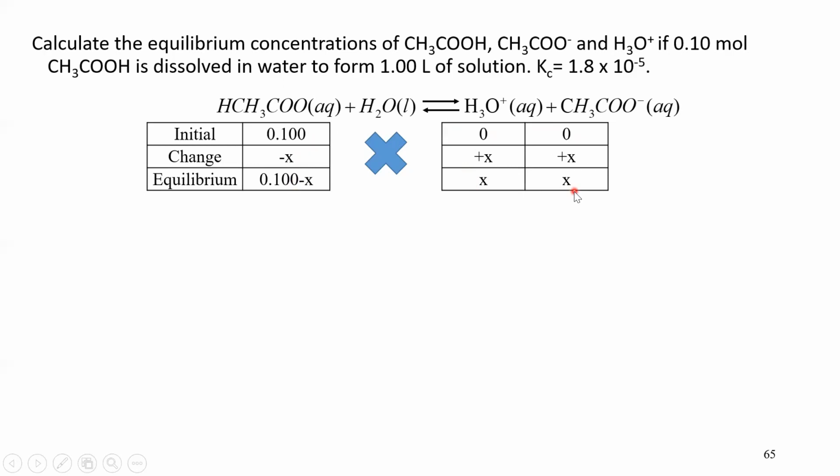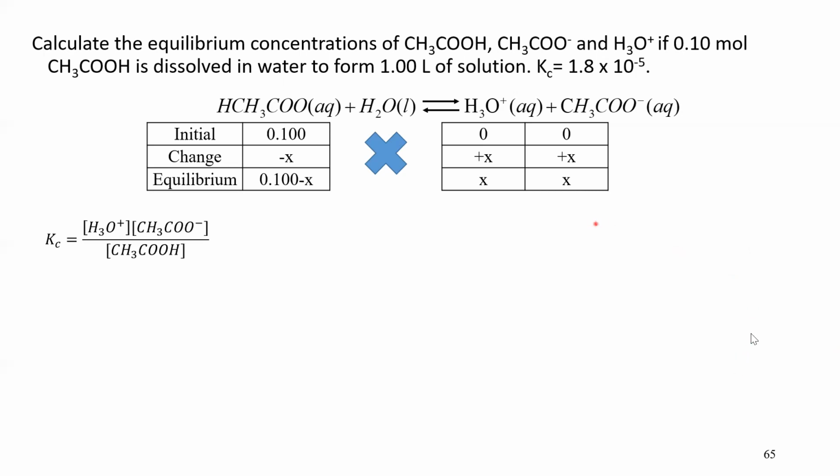Write a K expression. Remember that if this is a heterogeneous equilibrium, liquids aren't included. Products over reactants raised to the power of the coefficient in the balanced equation.